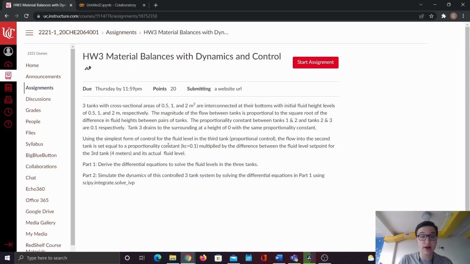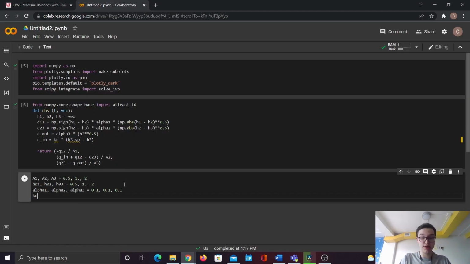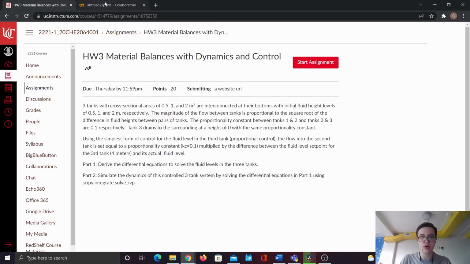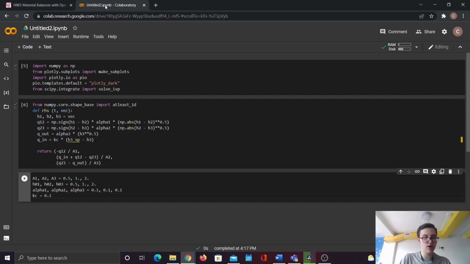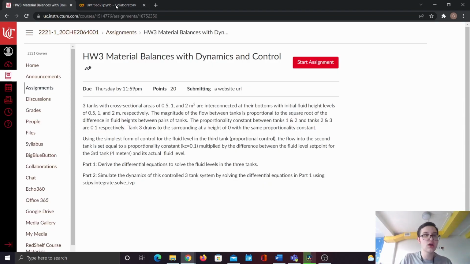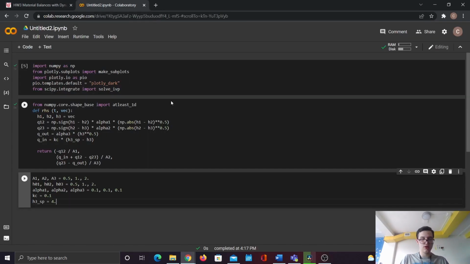We also have our Kc, the proportionality constant for the flow rate in, which is equal to 0.1. And then the set point for H3, the height in tank 3, is equal to 4. All right, that should be everything we need.